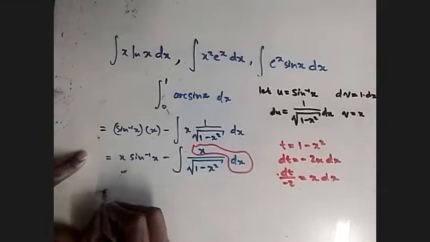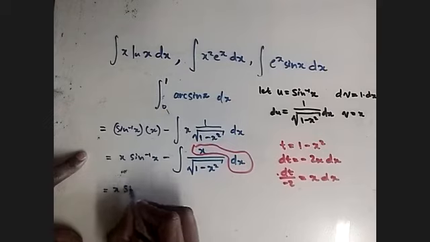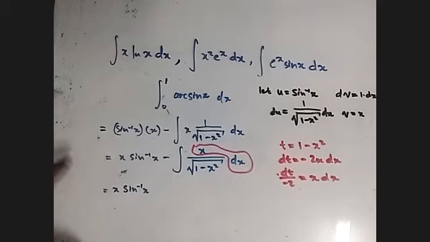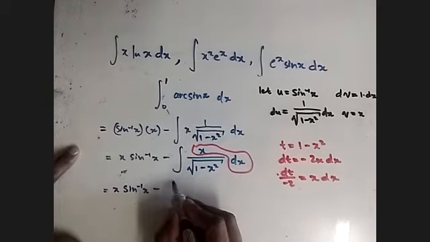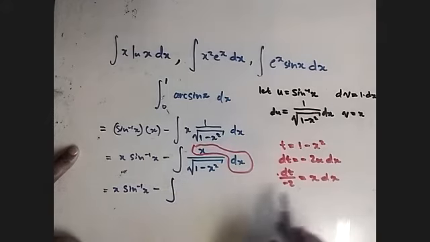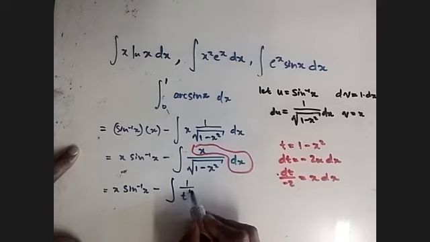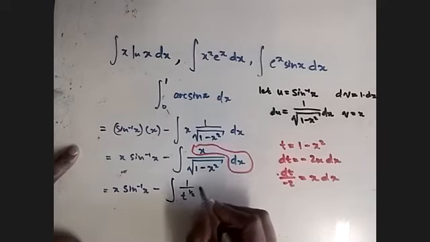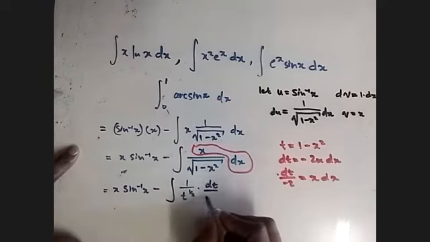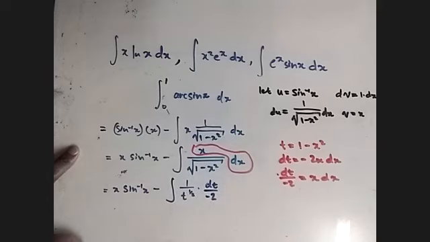So what's going to happen is we're going to have x arc sine x, and then minus the integral of, so we're going to substitute all of this, 1 over t to the power 1/2 multiplied by dt all over negative 2.